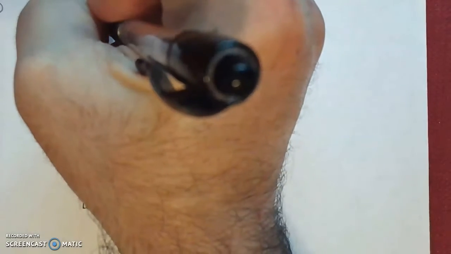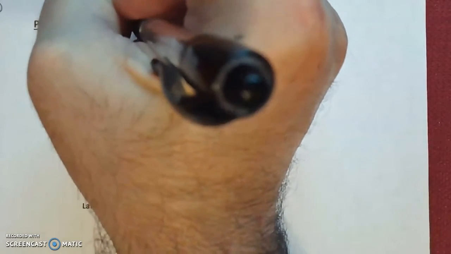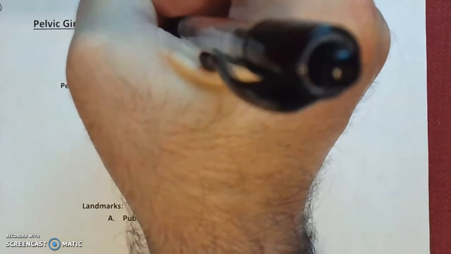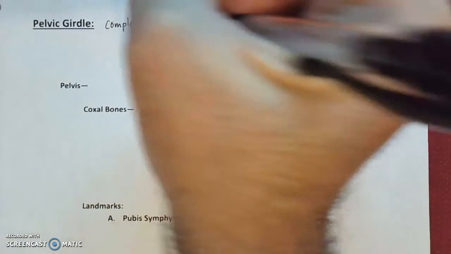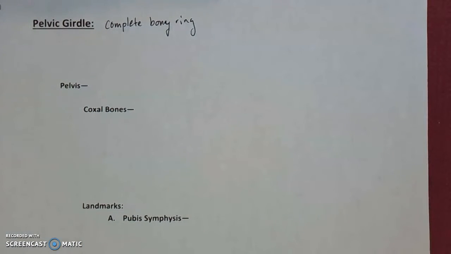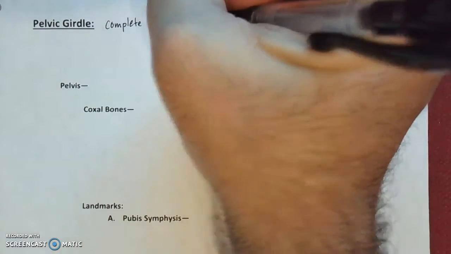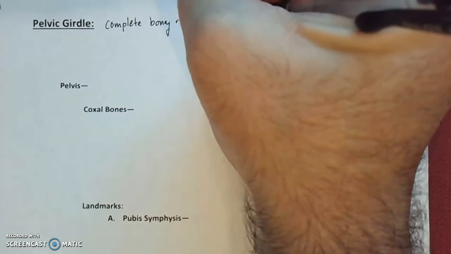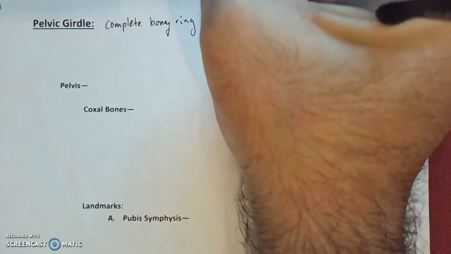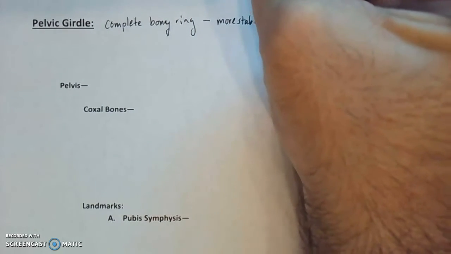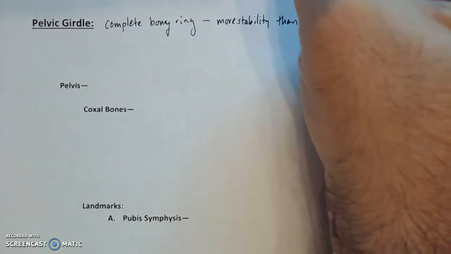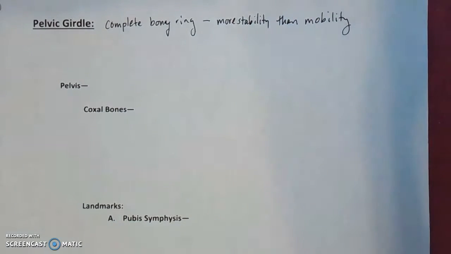The pelvic girdle is a complete bony ring that connects the lower leg to the sacrum of the axial skeleton. And this complete bony ring offers more stability than mobility.